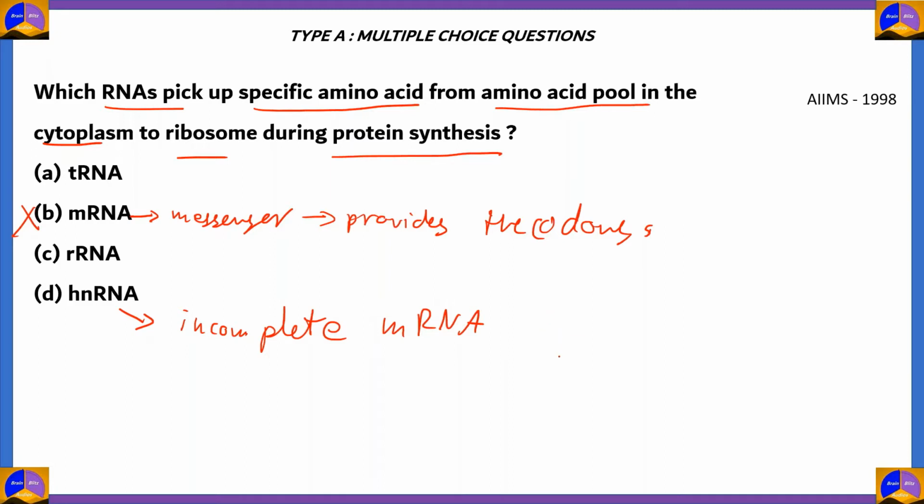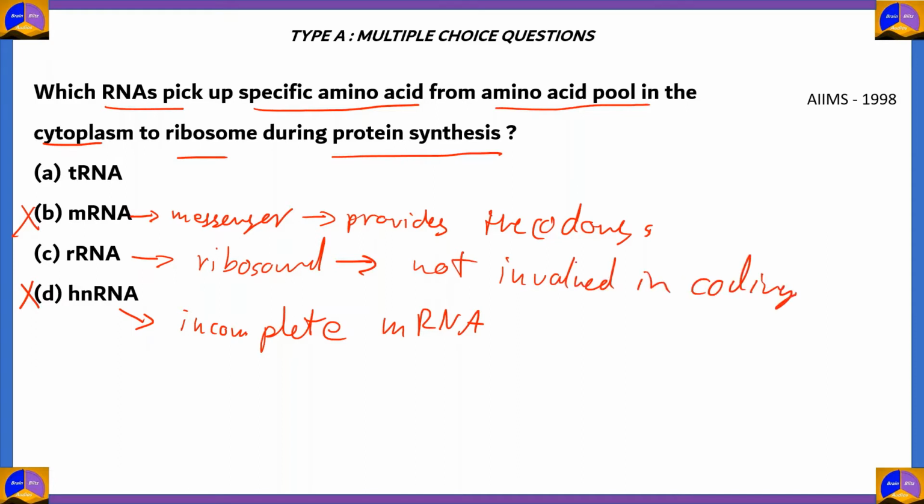After removing the introns, you get the complete mRNA in eukaryotes. So option D is incorrect. What about option C, rRNA? rRNA stands for ribosomal RNA, and this kind of RNA is not involved in coding.